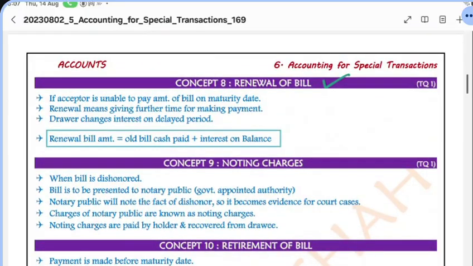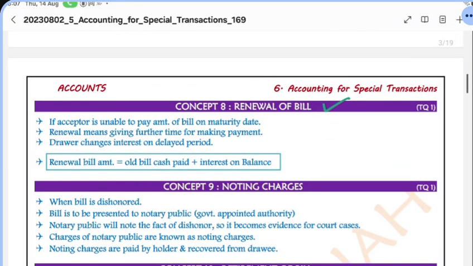Renewal of bill. Now what is meant by renewal of bill? Right? This is called as being polite. ಏನಾಗ್ತದ್ರಿ? For example, ಈಗ ಸುನೀಲ್ ಇದ್ದಾನ್ರಿ. I have drawn rupees 1 lakh bill on Sunil. Sunil accepted it for 3 months. But after a month, or after 2 months, he started feeling that in no case will he be able to make the payment on the due date because of some circumstances.